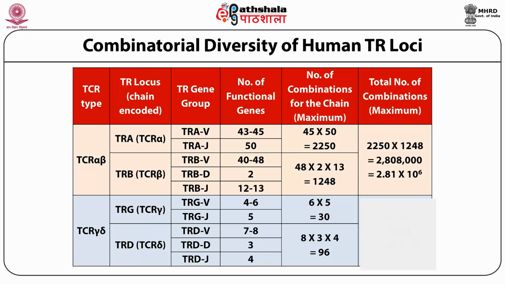For TCR gamma delta, we multiply 30 by 96, which gives us 2880. So the TCR gamma delta are much less diverse in their antigen specificity compared to TCR alpha beta receptors.